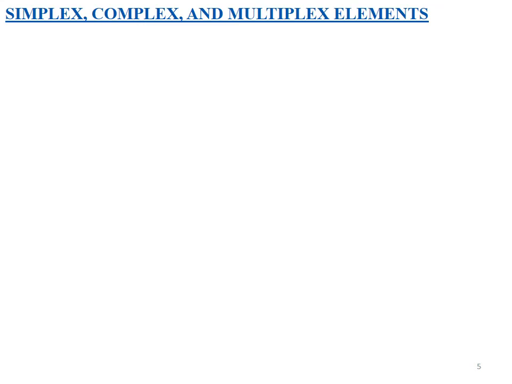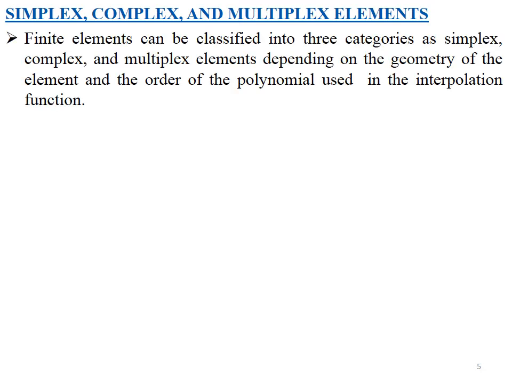Next, what is meant by simplex, complex and multiplex elements? The finite elements can be classified into three categories: simplex elements, complex elements and multiplex elements, depending upon the geometry of the element and the order of the polynomial used in the interpolation function.